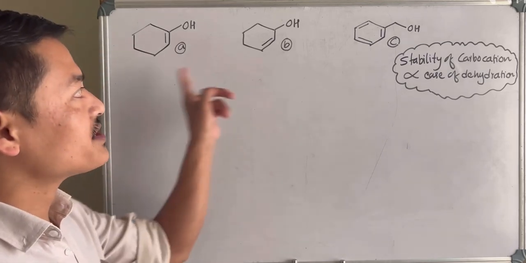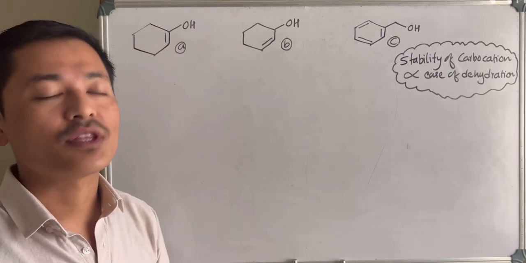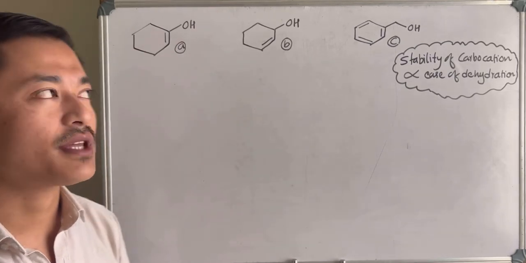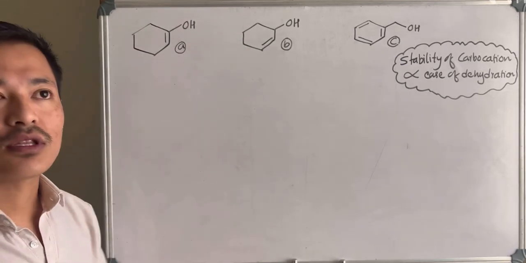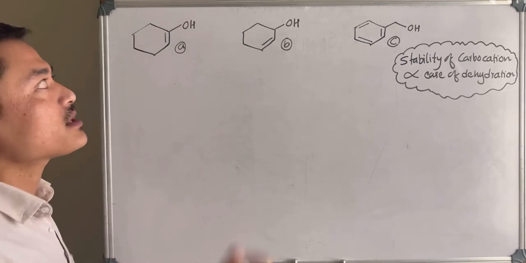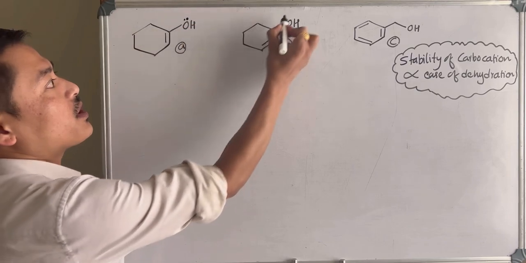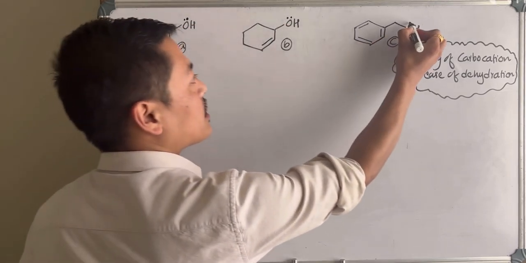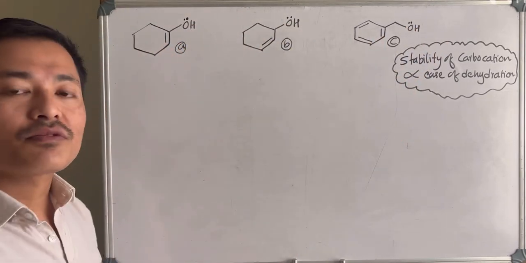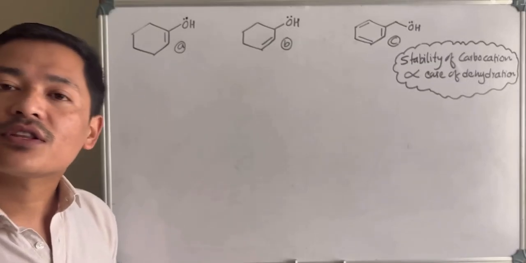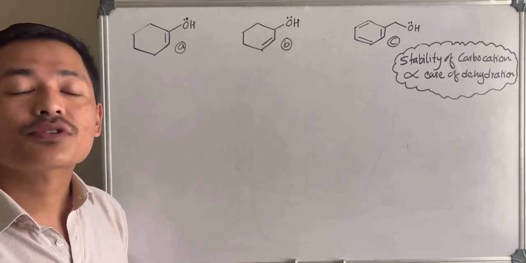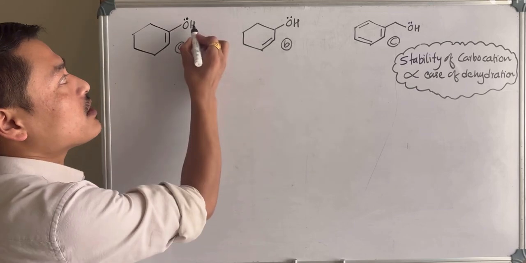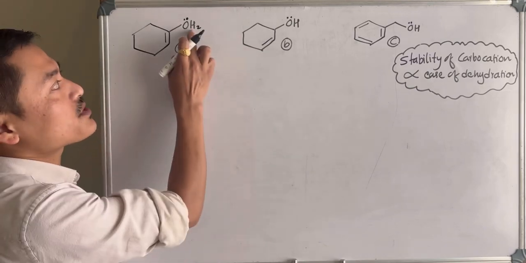So from these 3 alcohols, in the mechanism portion, I have told you that in all the alcohols, the oxygen atom will obviously bear a lone pair. And that lone pair of electrons will attack the H plus ion, the proton from concentrated sulfuric acid, and will ultimately form H2O here.